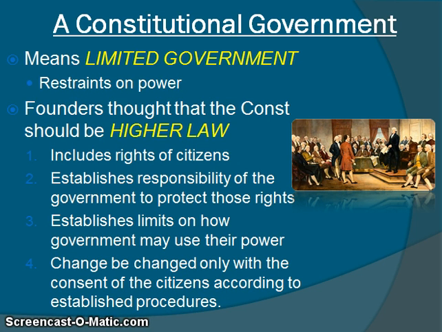Just because a country has a written constitution does not mean it is a constitutional government. Constitutional governments establish some limits on how governments use their power. And in the next couple of lessons, we will talk about limited governments and essentially constitutional governments.